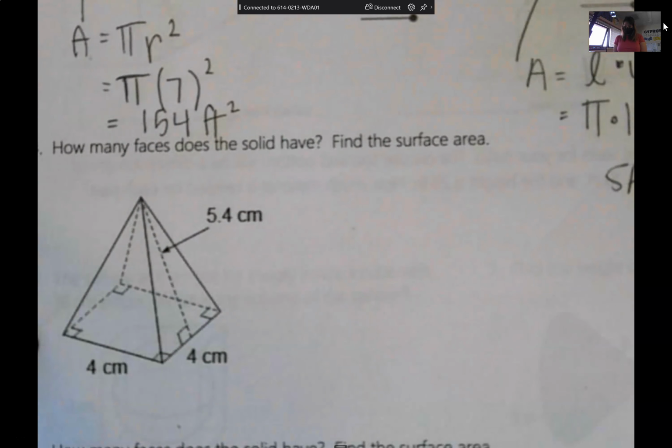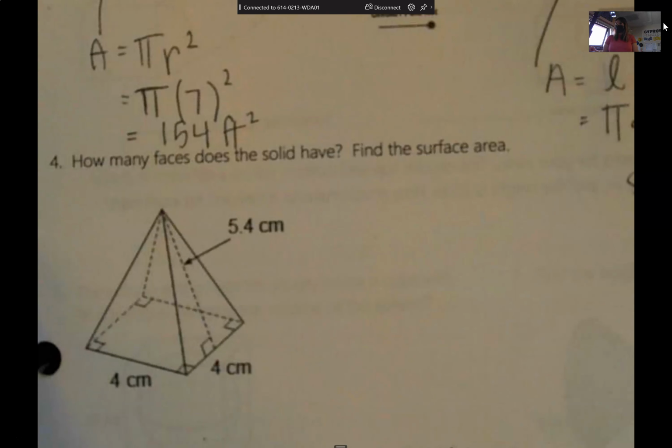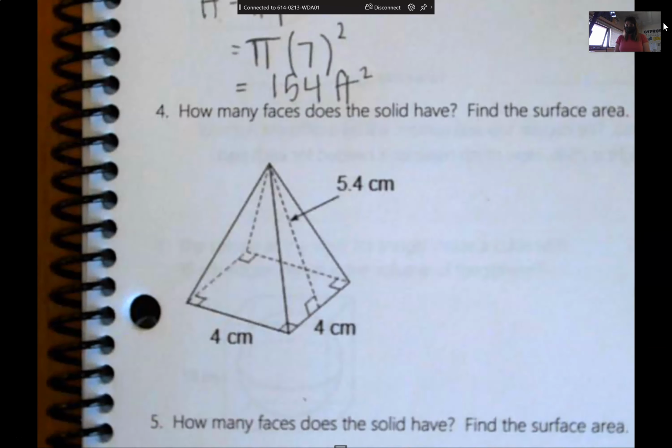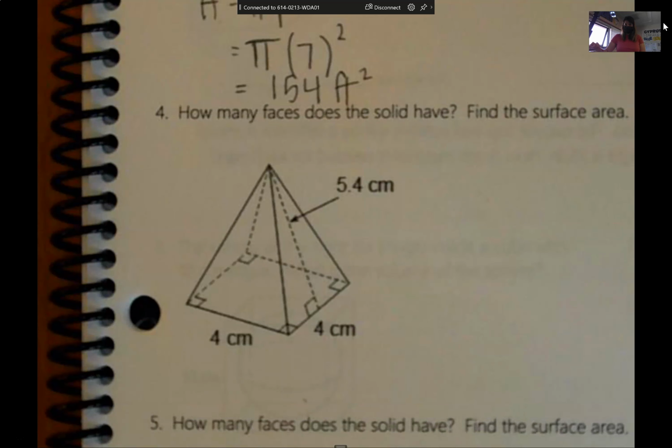Okay, now what do we have? A pyramid. You guys decide without me how many faces this pyramid has. See if you can figure out how many faces the pyramid has. Give you about 20 more seconds.